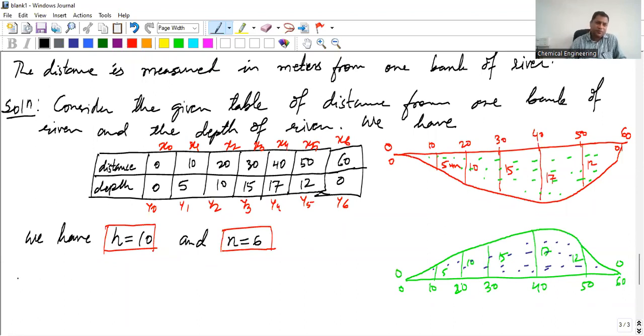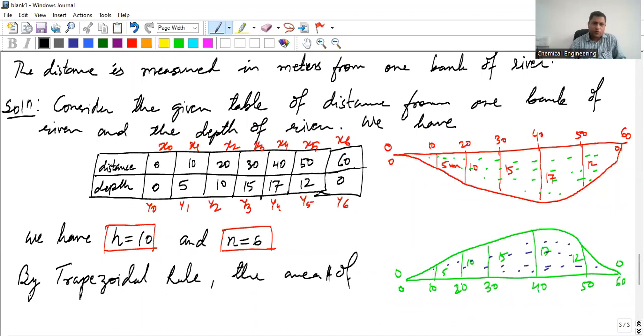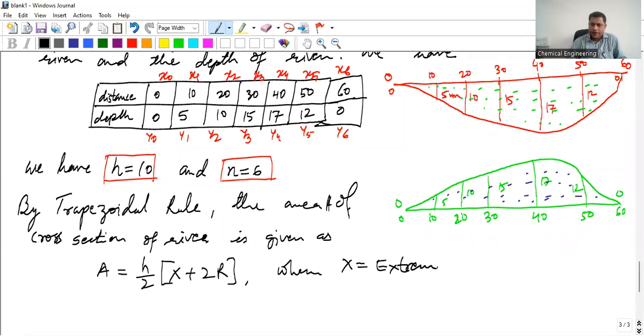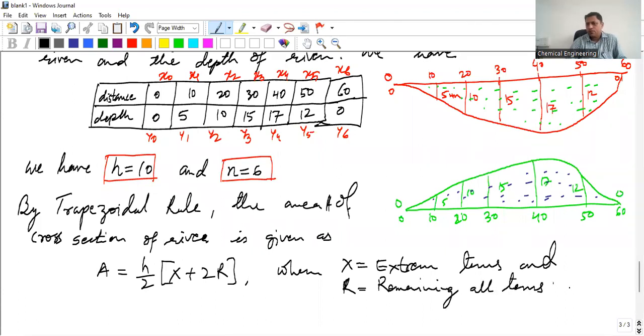By the trapezoidal rule, the area A of the cross section is given as A = h/2 [X + 2R], where X is the extreme terms and R is all the remaining terms.